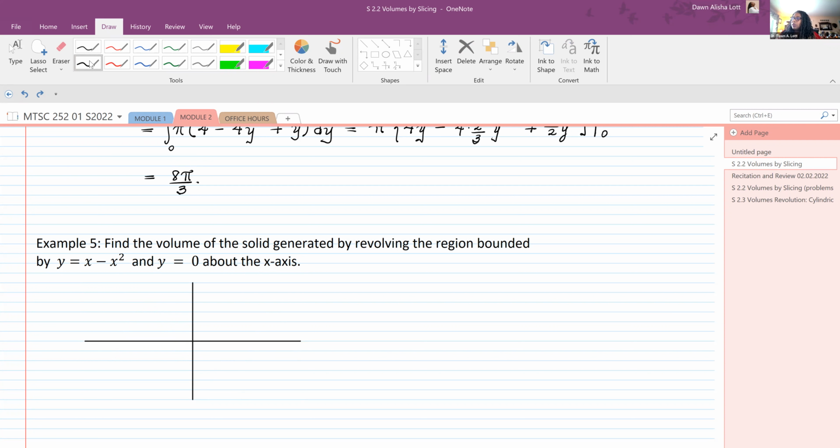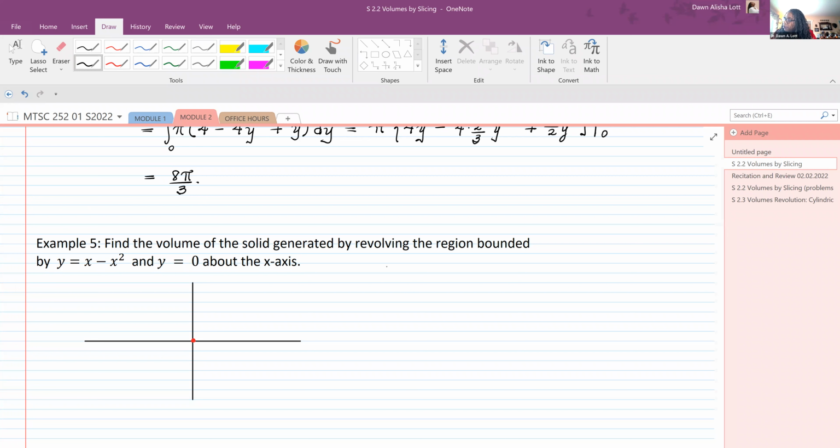Okay, so I know it starts at 0 because 0 is on the curve. I see that. Can you tell me the other x-intercept? Find the other x-intercept. It would be 1, right? It will be 1.